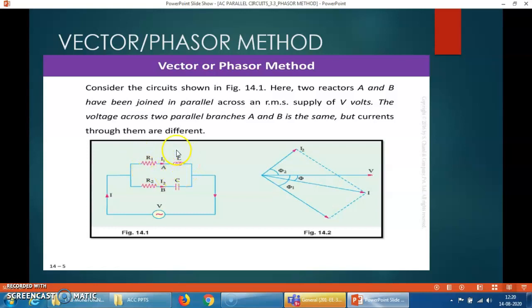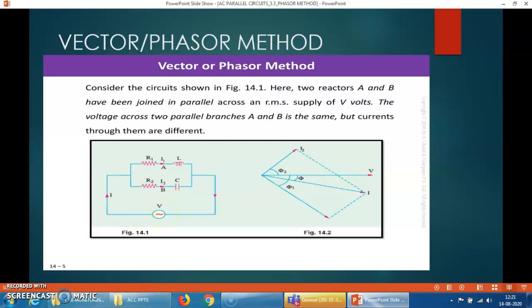So the first branch contains an RL series, and in the second branch there is a resistor of R2 ohm connected in series with a capacitor of C Farad. Both the branches are connected parallel to each other, and this circuit is connected to the AC supply.